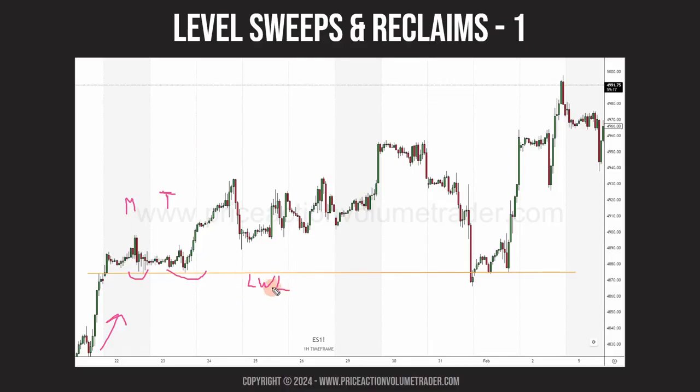Remember, we talked about significant contextual levels. We always want to pay attention to yesterday's high and low, last week's high and low, last month's high and low, etc. Here we have the low from last week, which held as support for 2 days.